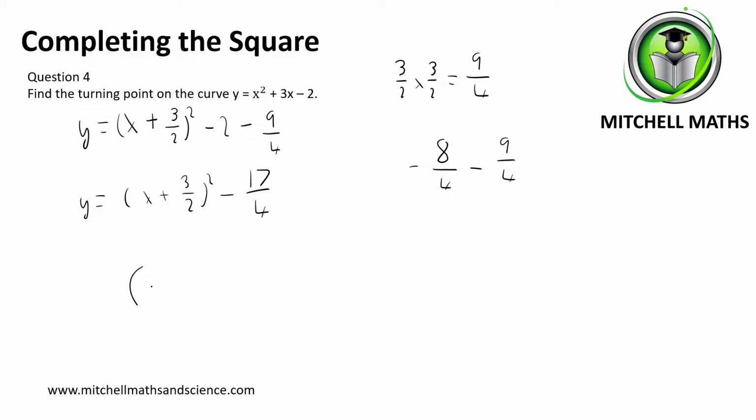So in our brackets, we'll get minus 3 over 2. And when x is equal to minus 3 over 2, when its bracket is 0, y would be equal to minus 17 over 4. And we can also write that as decimals if we want. It'd be minus 1.5 and minus 4.25.